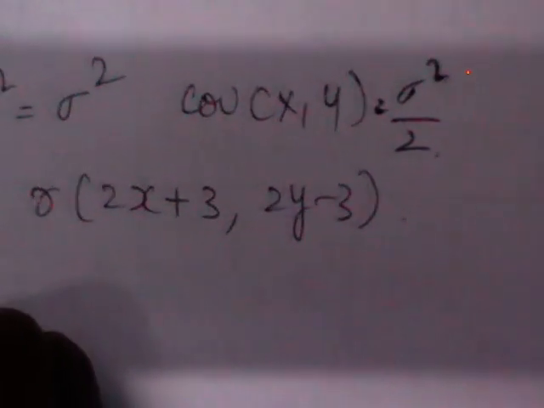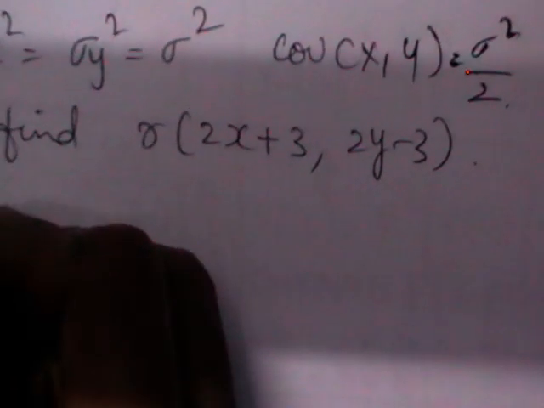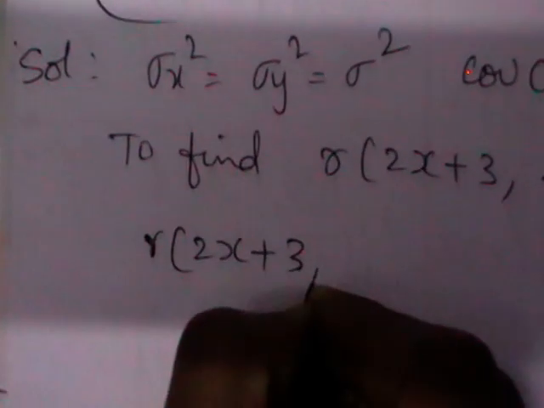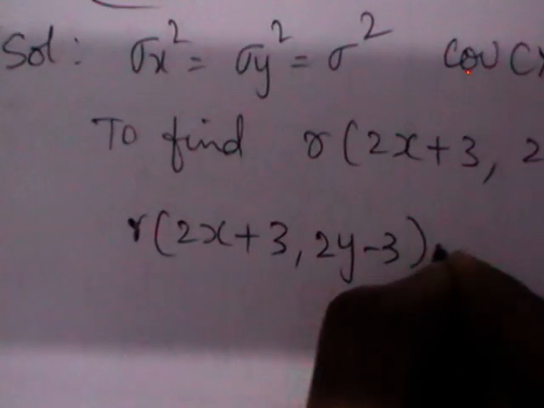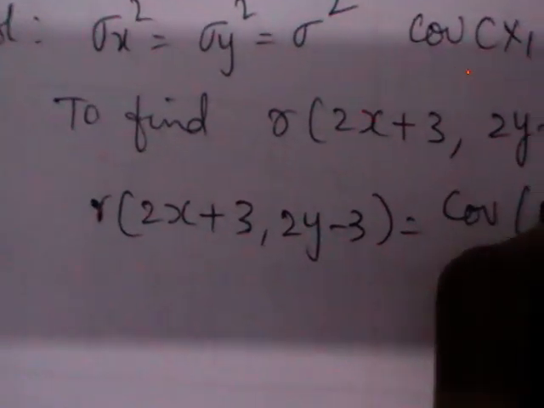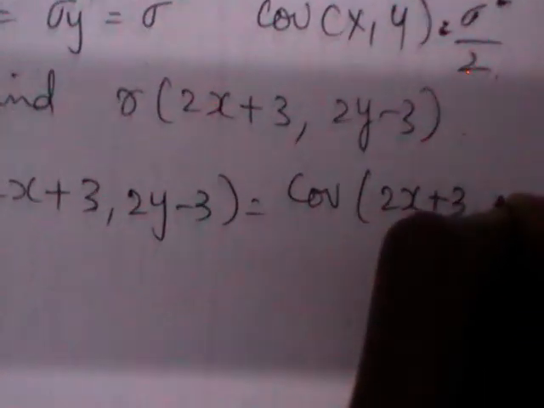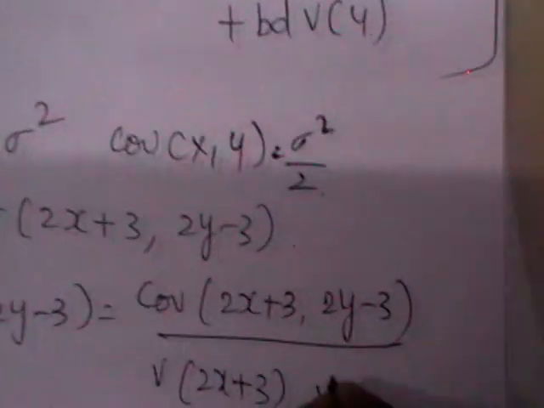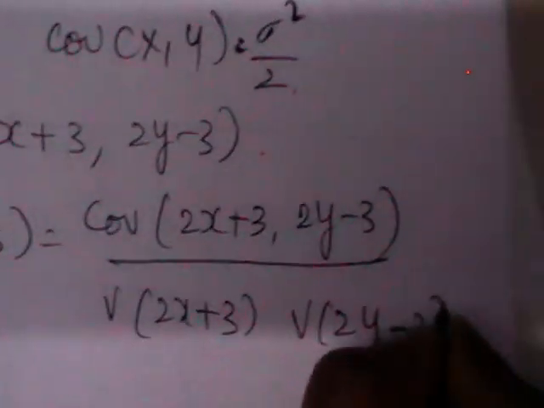R is covariance of x comma y by root over variance of x into variance of y. In place of x comma y you have some transformations. So instead of x comma y you will get covariance of 2x plus 3 comma 2y minus 3 by root over variance of 2x plus 3 into variance of 2y minus 3.